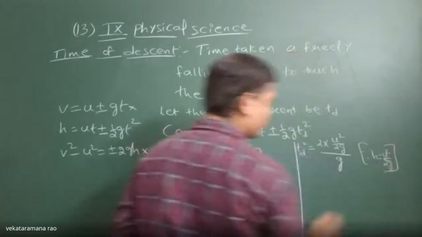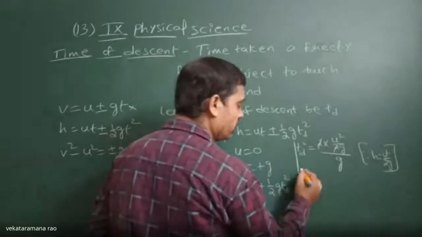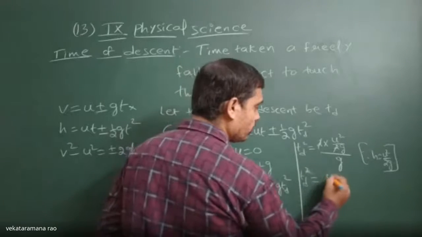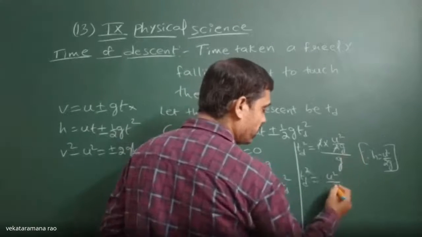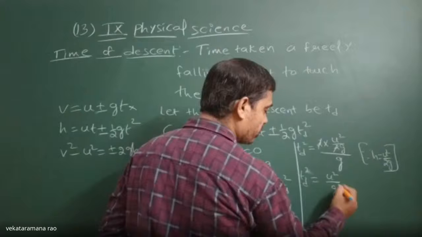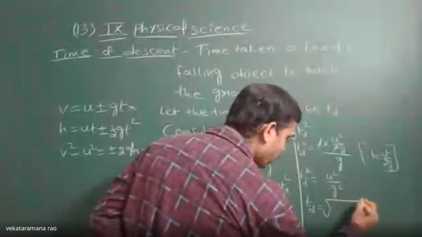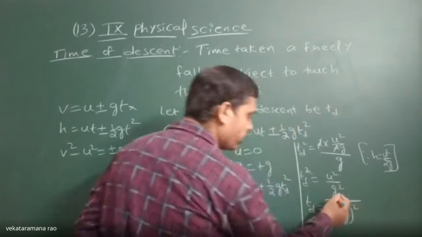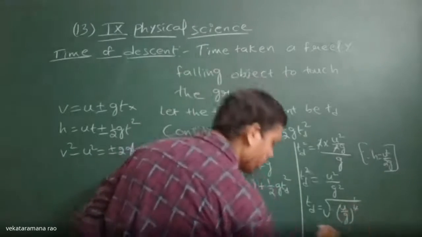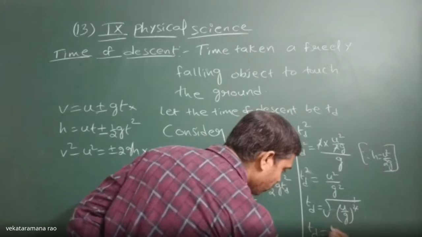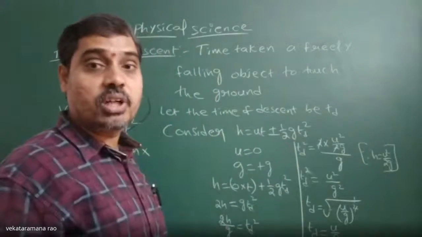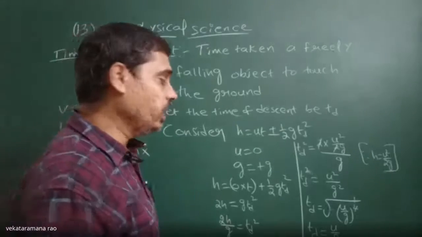The 2 cancels, Td square is equal to u square by g square. So Td is equal to under root of u by g whole square, the square cancels. Td is equal to u by g. That means time of descent is also equal to u by g.